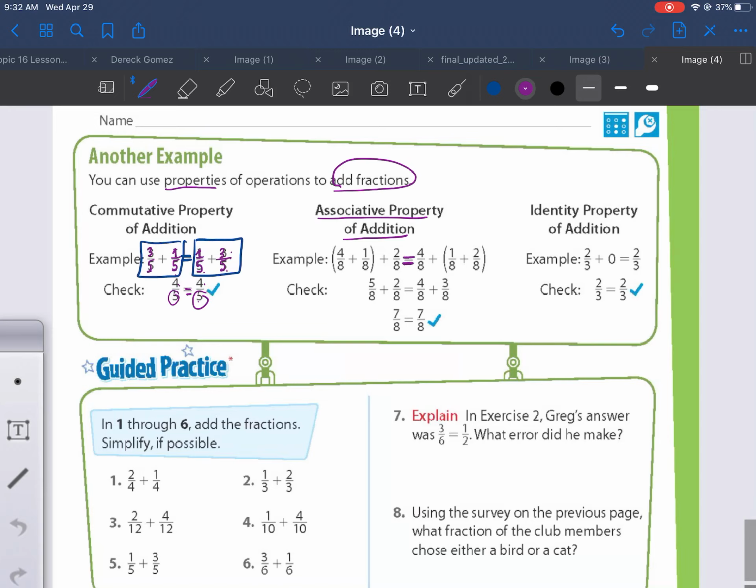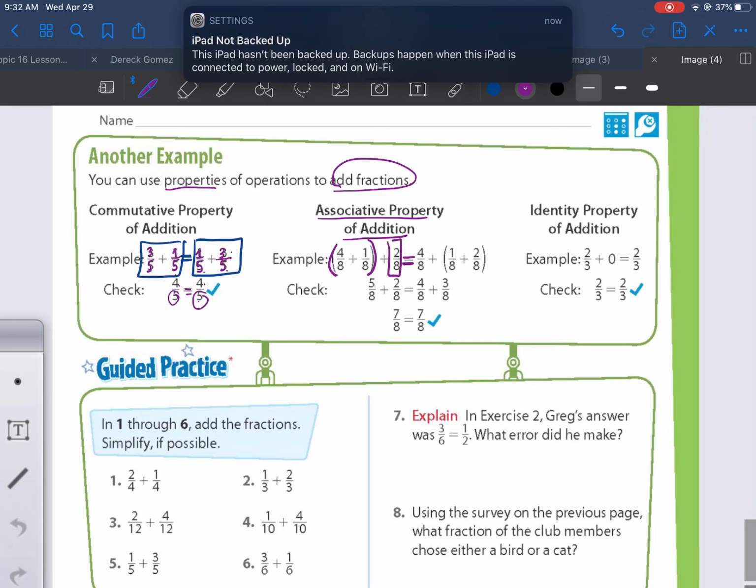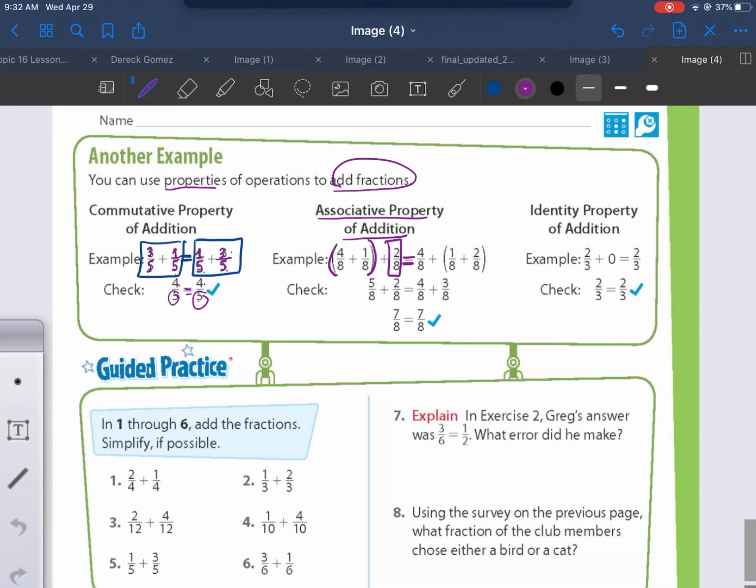Associative property of addition. For this, if you notice, there's an equal sign. Associative property means that you have a lot of fractions and you want to do 2 of them at a time or 3 of them at a time. So that's what they're doing here. If you notice, they're putting these 2 together, 4/8 plus 1/8.